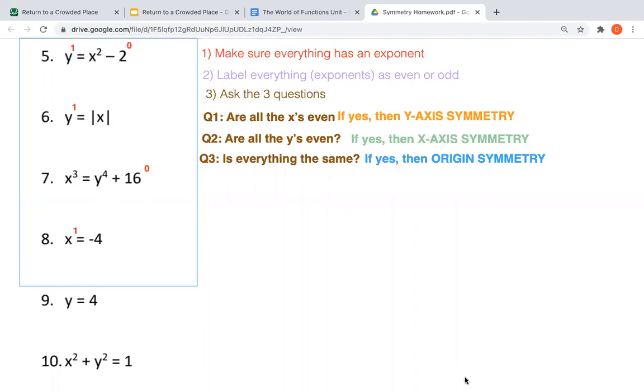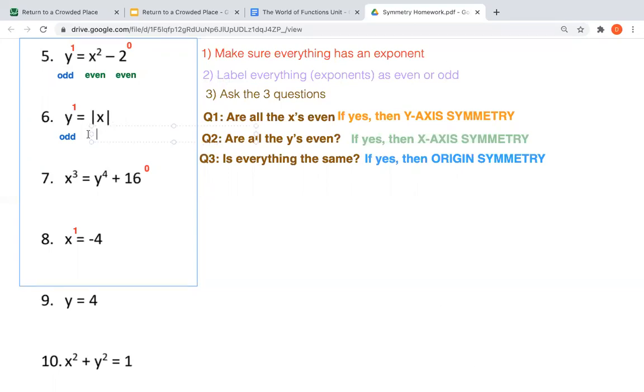Now even or odd. 1 is odd. 2 is even, 0 is even. Again, 1 is odd. Now here, we have an absolute value sign. That's those two straight lines on both sides of the x.